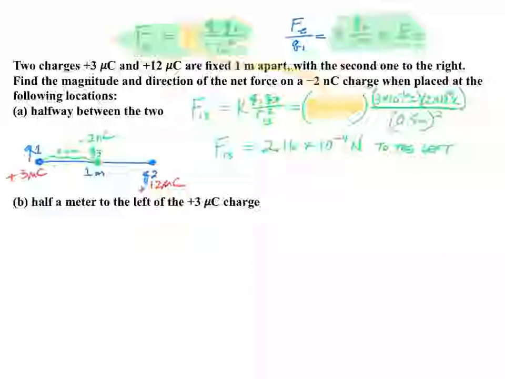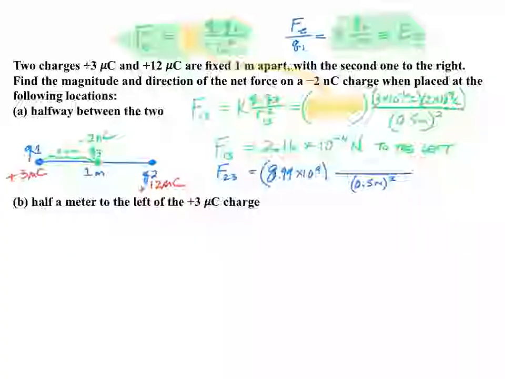All right, so now we can do the other force, the force of 2 on 3. And it's going to have the same structure. I'm going to have 8.99 times 10 to the 9th as that Coulomb constant. And then we're going to have the same distance separation, just the other side of the situation there.